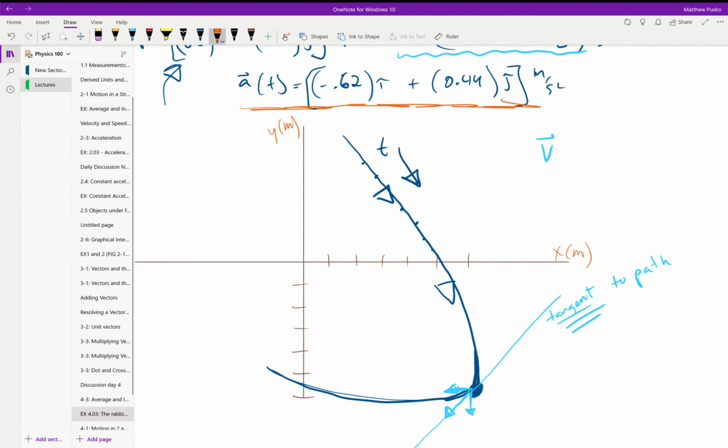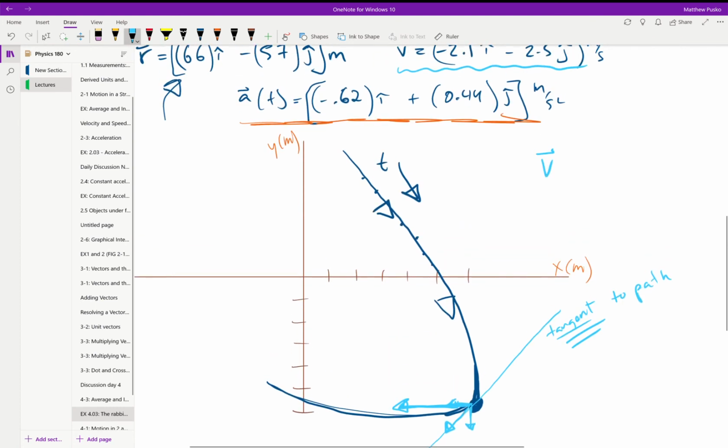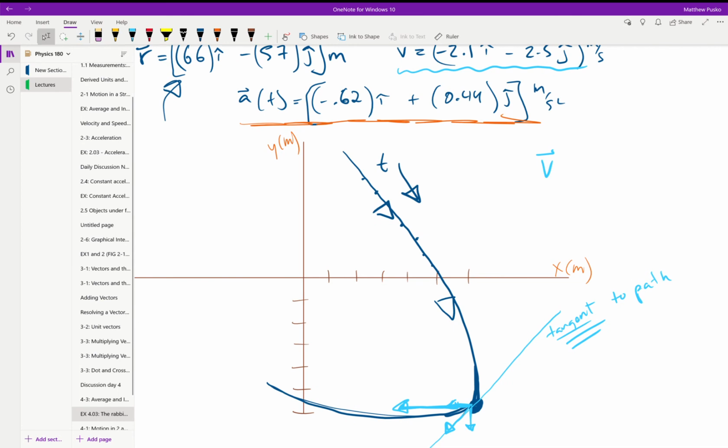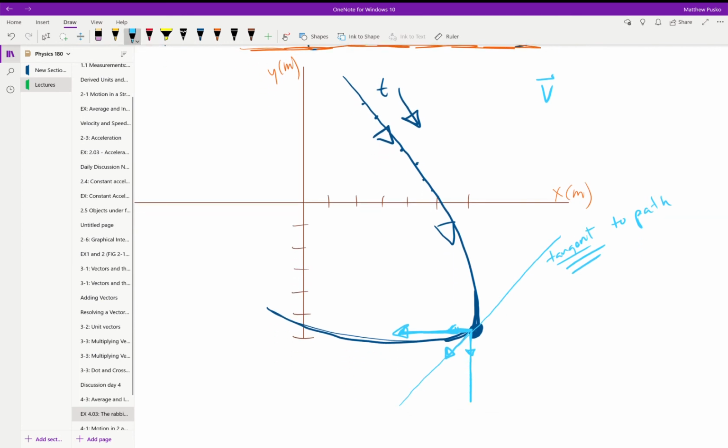I could have drawn this velocity vector on a scale of 2.1, while the one that goes down is on a scale of 2.5 or a little bit longer. You see we get the same direction of the vector, and it's still tangent to the path.